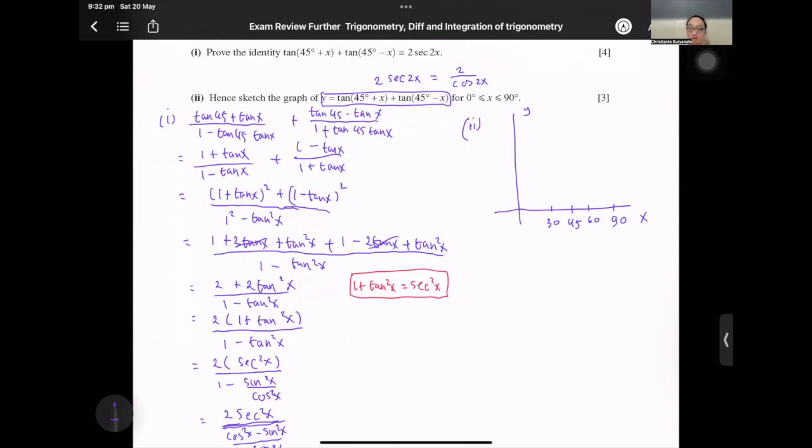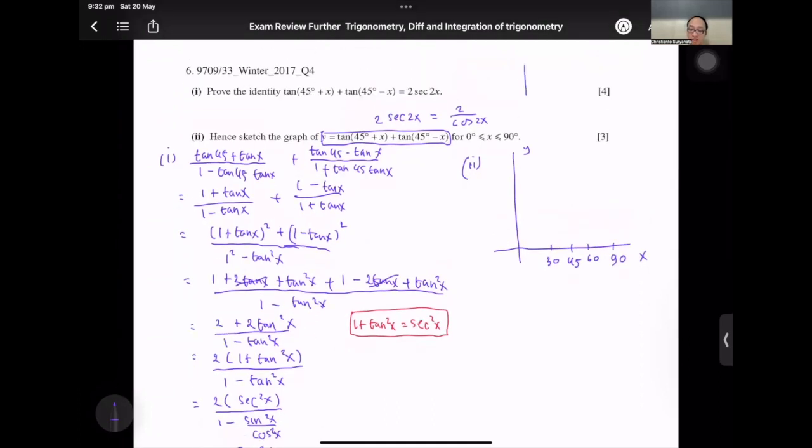Now, if we know the graph of cos x, yeah, the graph of cos x, 45, I draw this 90, 180, 270, and 360. It starts from the maximum, goes to 0, minimum, 0 again, and maximum. Now, this is cos x.